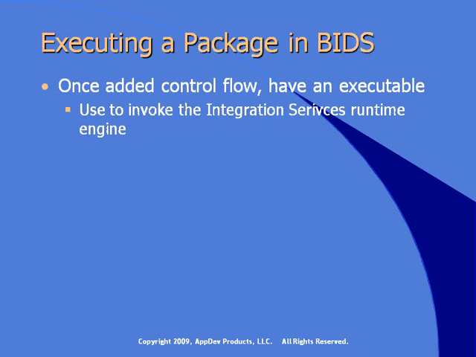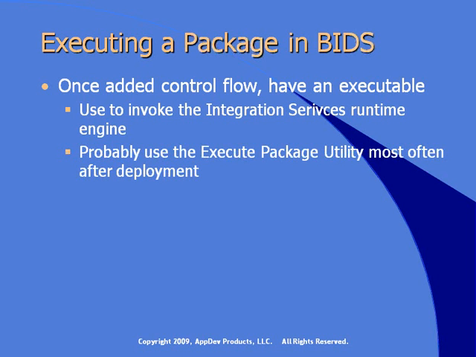Executing, or running the package, is how you invoke the Integration Services runtime engine. So once you've built and deployed the package, you'll probably use the SQL Server Execute Package utility, which is the dtexec.exe file, in order to execute the package.